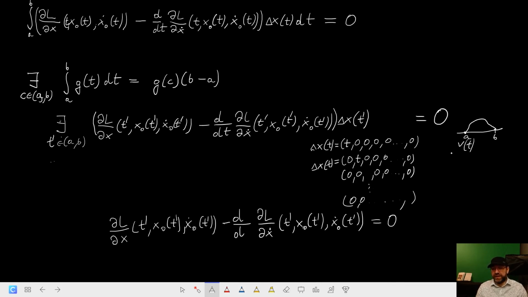V. Function v, which has this property that in a it has 0, in b it has 0, and it's positive everywhere in between. So we will take here vt.